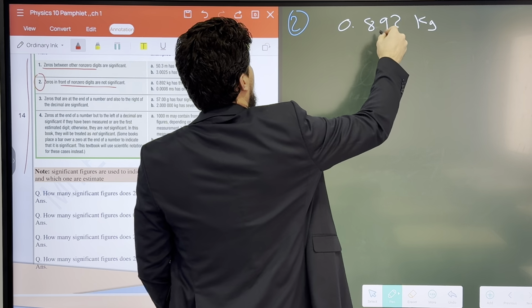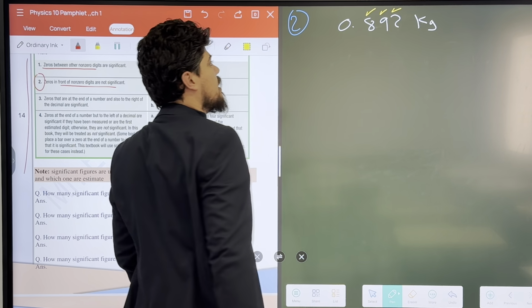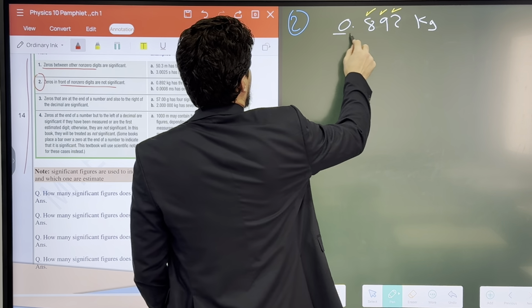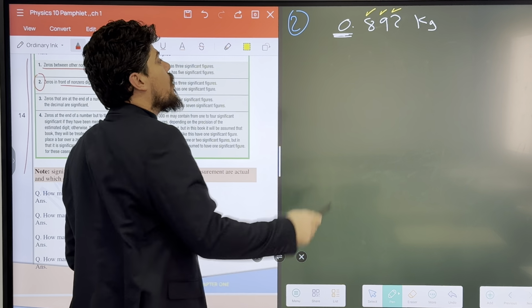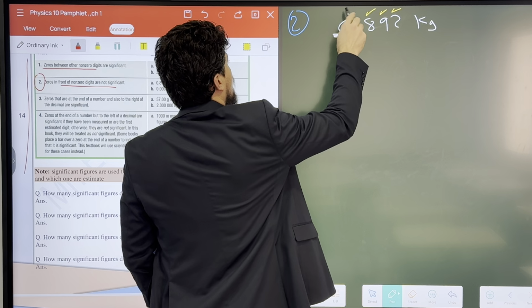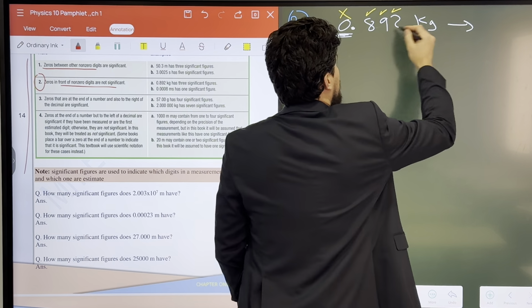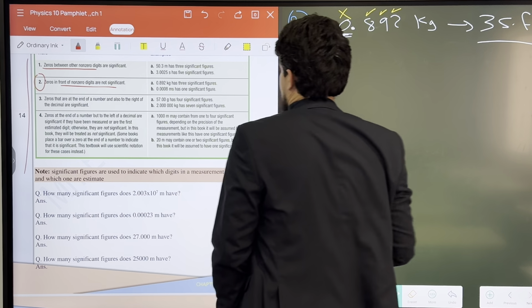How many numbers do we have? 3. 1, 2, 3. Already we have 3 significant figures. So look at this 0. Is this 0 in front of the numbers? Yes. It is a leading 0. A leading 0 in front of the number cannot be considered as a significant figure. So how many significant figures do we have? We have 3 significant figures.